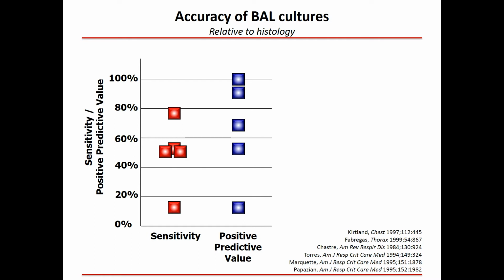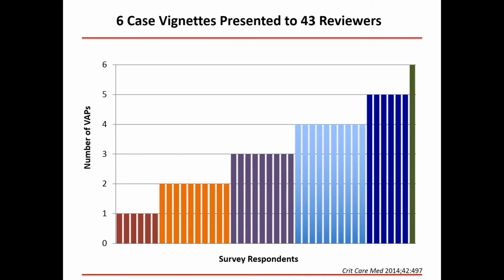Now, given the lack of accuracy and specificity of the clinical signs, it's not going to surprise you that very reasonable, very thoughtful clinicians will disagree as to whether or not a given patient has pneumonia. That's true for frontline clinicians, it's true for infection control professionals trying to do hospital surveillance for VAP. Here's one analysis that reflects that. This was a study in which the investigators created 6 case vignettes of patients who may or may not have had pneumonia.